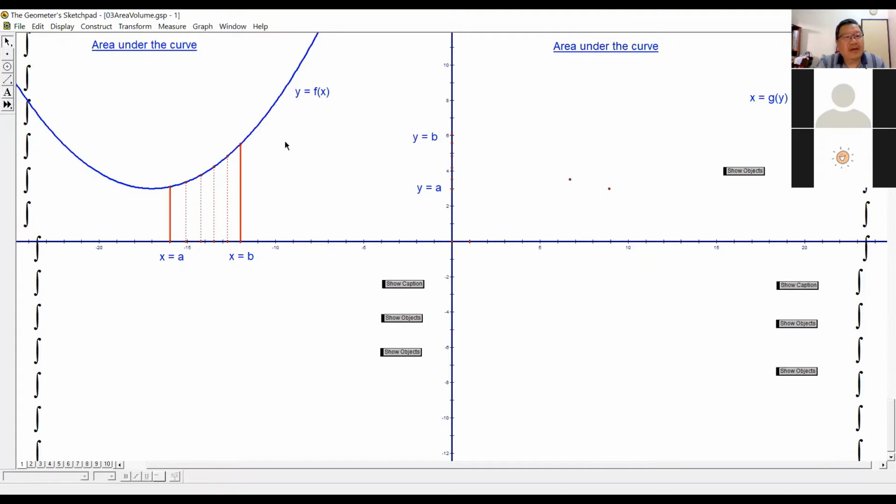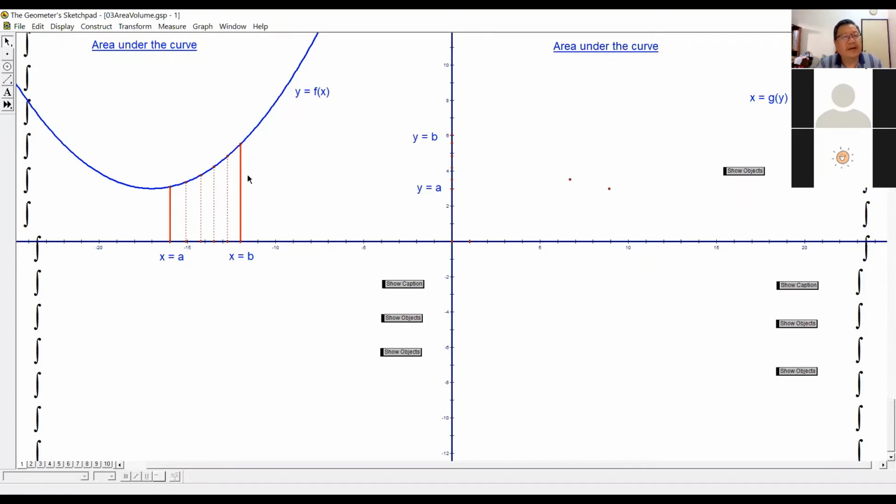Now let's say we have the equation of the curve like this: y equals f(x), and under this curve we have area. All this is area under the curve.